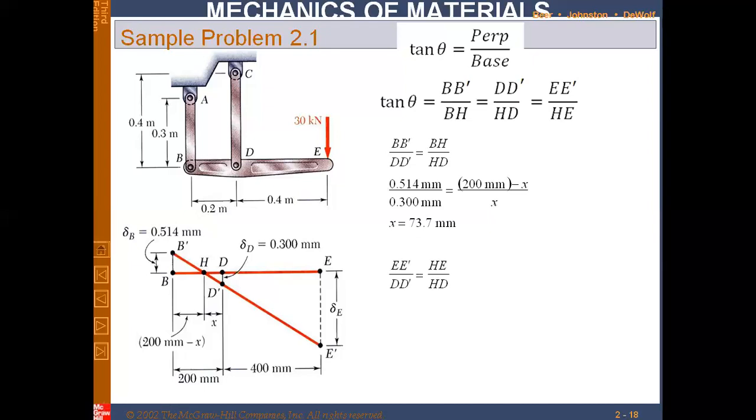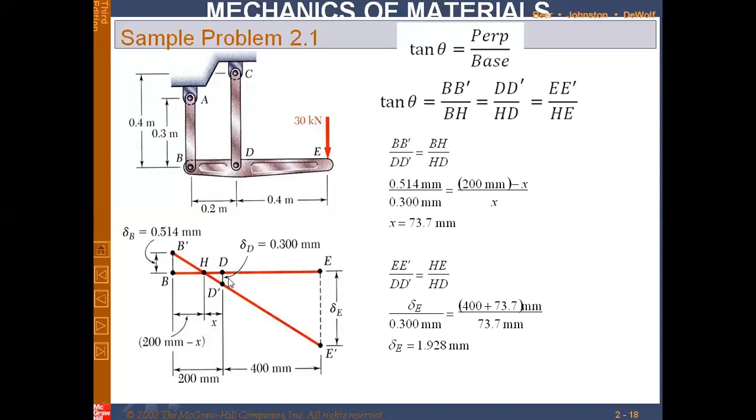Next I am using this part of the equation. E E dash, and bringing this part on this side of the equation. So E E dash divided by D D dash is equal to EH divided by HD. Then plugging the values, E E dash is delta E, which we are trying to find.